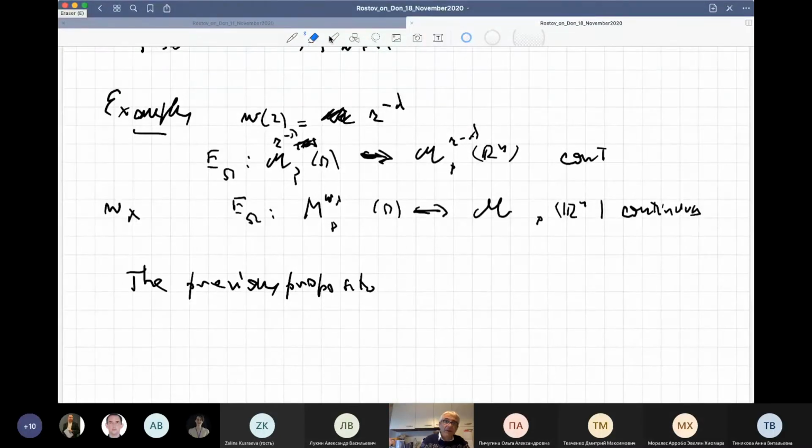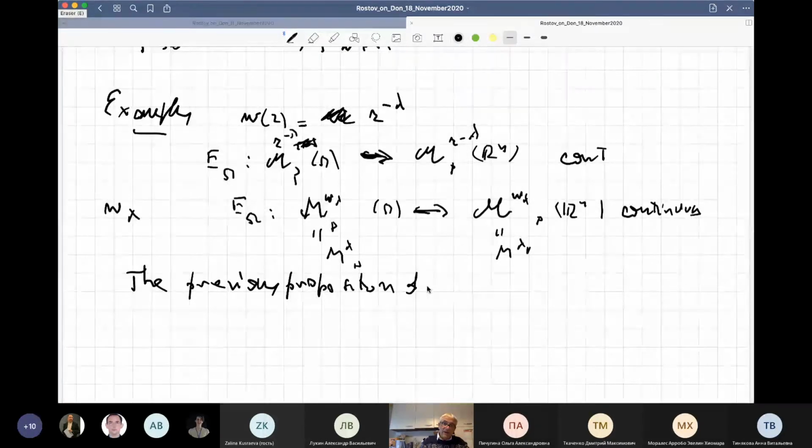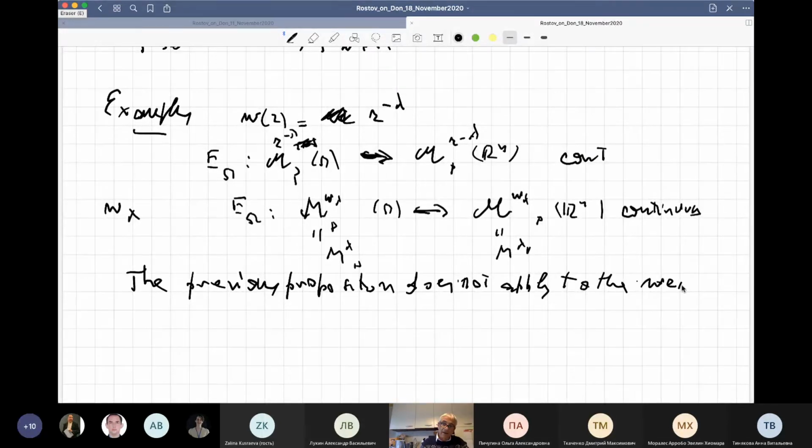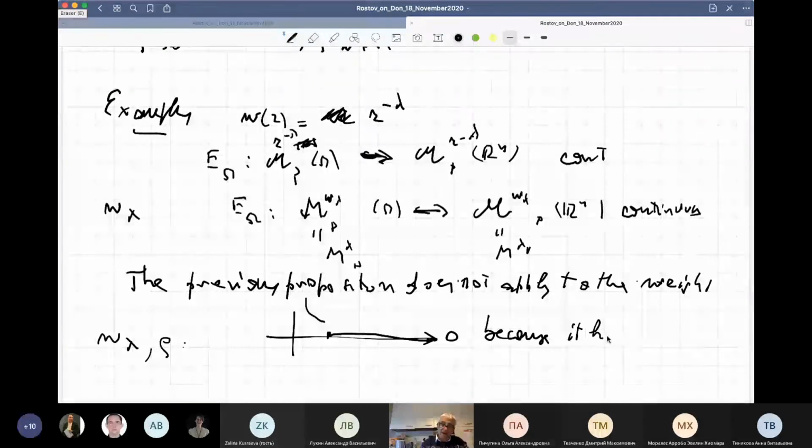This was M lambda P. This is good. It does not apply to the weight W lambda rho. I switched them, I'm sorry. Now I corrected. Remember this one. Then 0, because it has zeros.